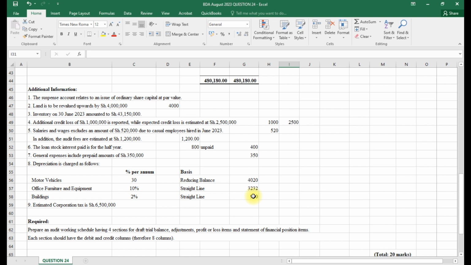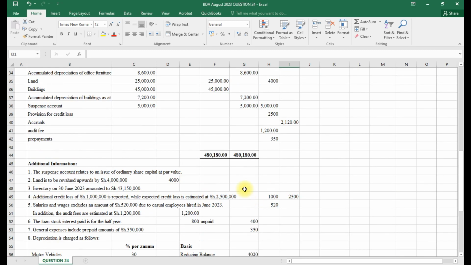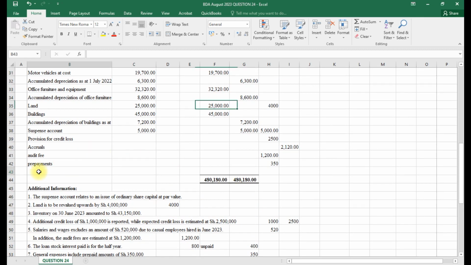Yeah, depreciation charged was as follows. The depreciation for motor vehicle, so we shall have depreciation for the year, which will be a combination.